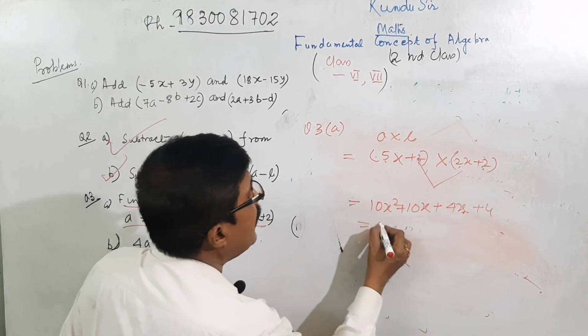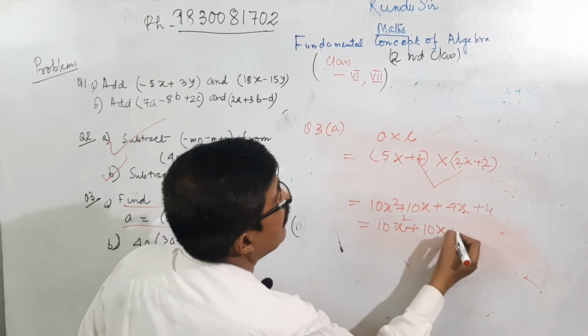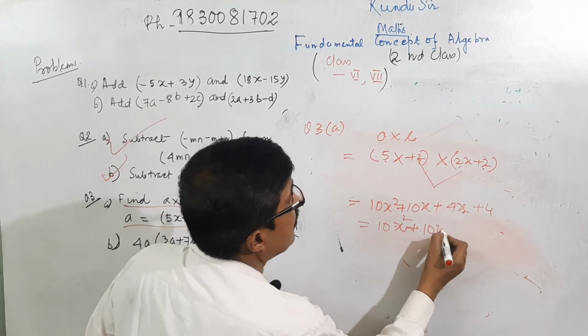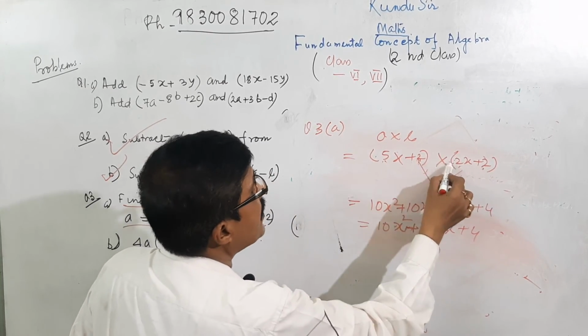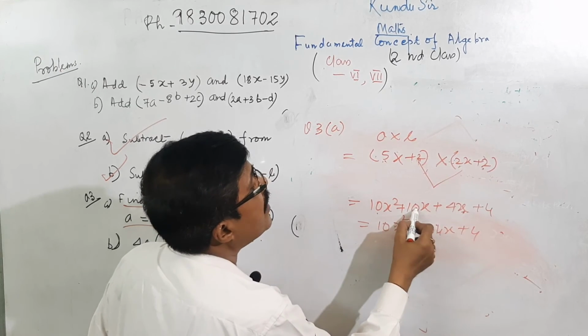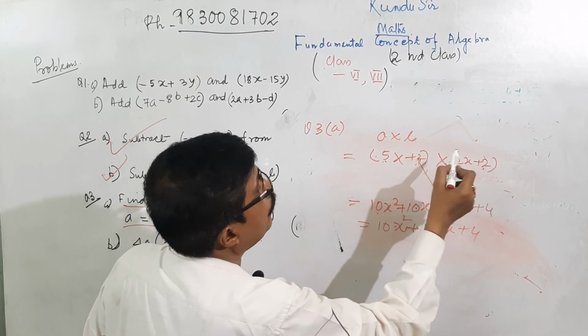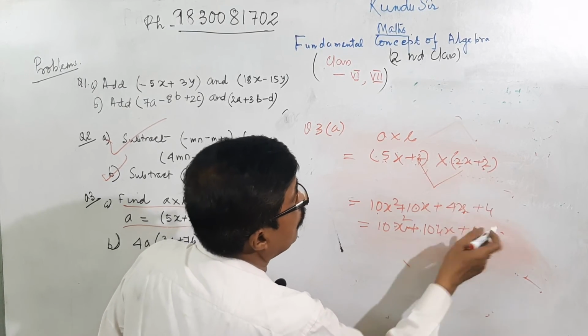Now we are getting the result 10x square plus 10x plus 4x plus 4.